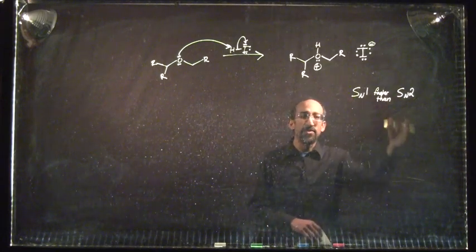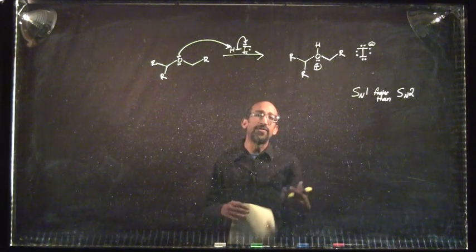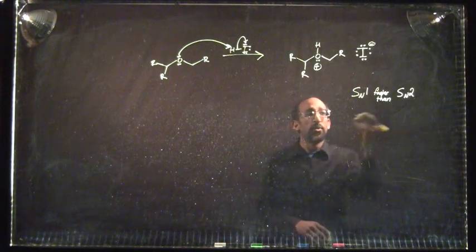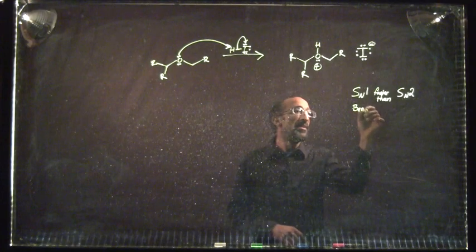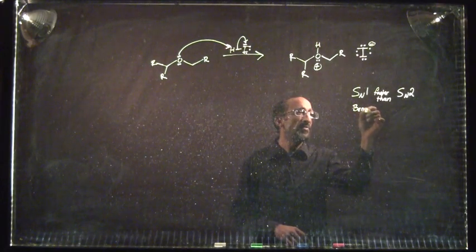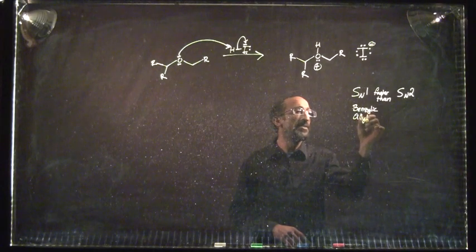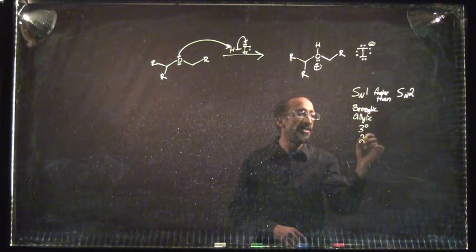Now within each of those reaction mechanisms, we know further that the nature of the electrophile also has an effect on the rate of reaction. And so we know that for SN1 reactions, benzylic electrophiles are faster than allylic electrophiles, which are faster than tertiary, which are faster than secondary.